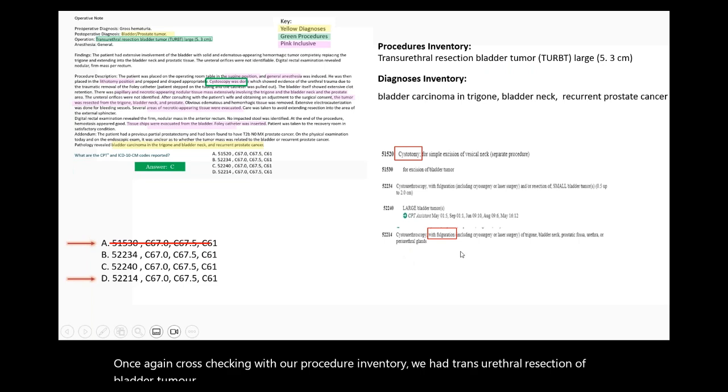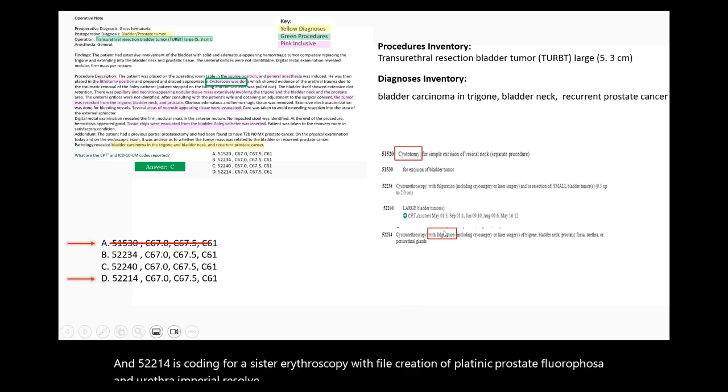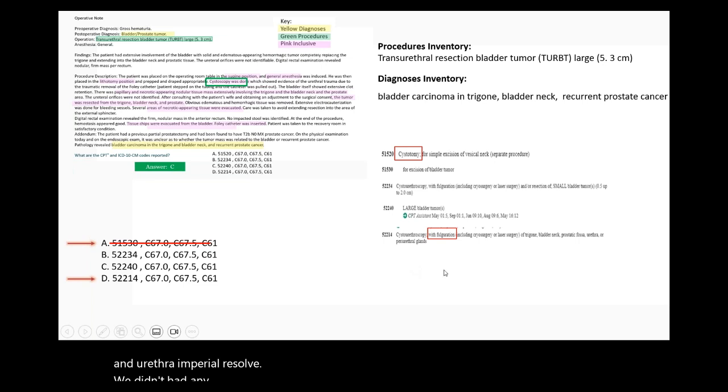We didn't have any fulguration of these tissues. We had a resection of bladder tumor. So that means option D is also incorrect.